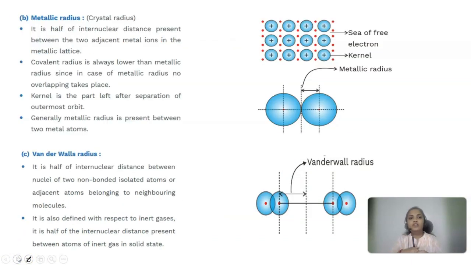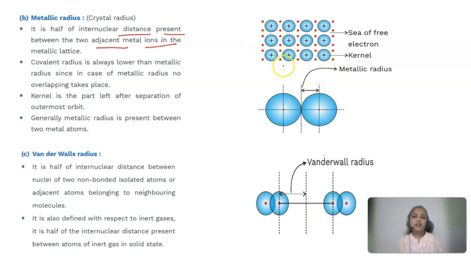Alright, then if we talk about metallic radius, we'll be talking in case of the metals. So it is half of the internuclear distance present between two adjacent metal ions in the metal lattice. So basically we know that in the case of metals, you have these kernels, means the positive charges, and sea of electrons is there.